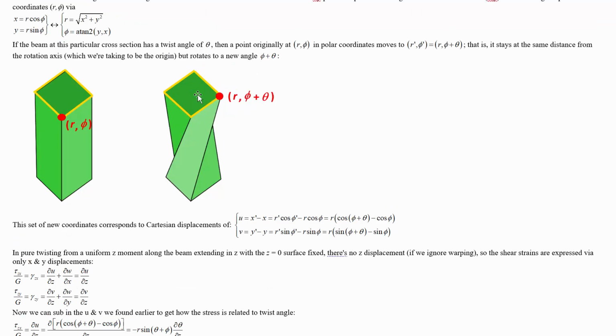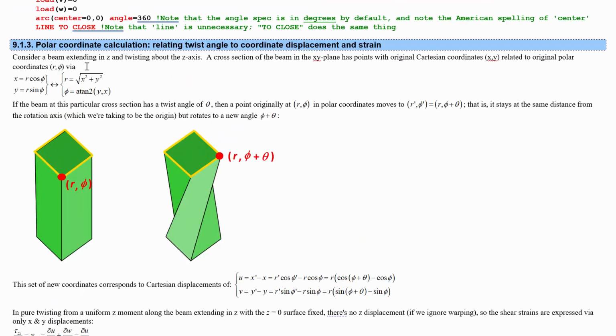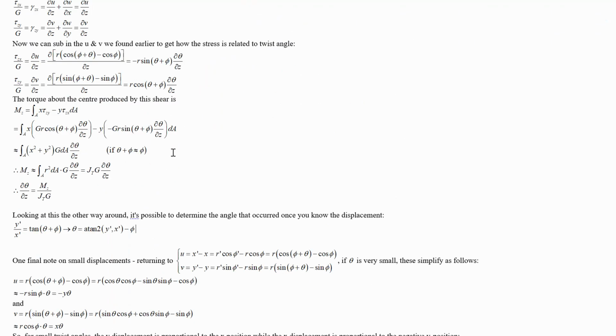So if the final position is at phi plus theta of an angle, then you can just use an arctan 2 to figure out what that angle has to be. So if you know the original angle before deformation, and you call that phi, and you know the position after deformation, then you can figure out the final angle.